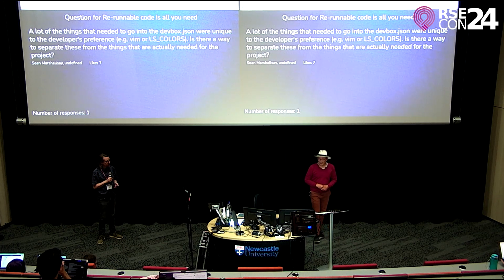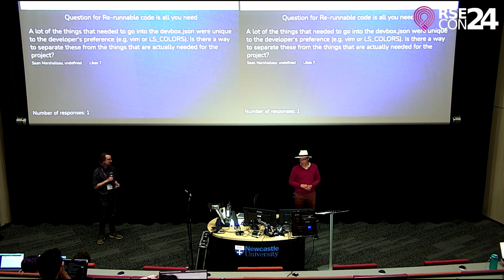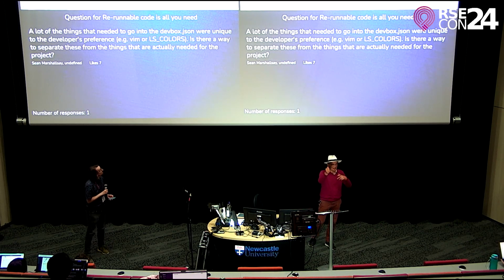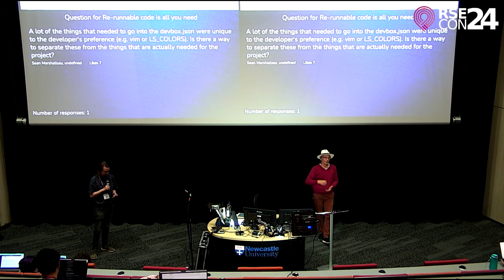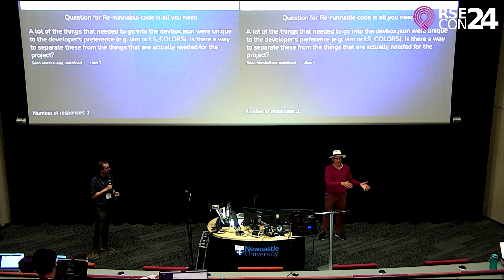And I did not find a way yet to separate these correctly, to have a developer-specific part and a more general part. That's perhaps where you would have to go into flakes from Nix and import things with local preferences, and also solve that problem with shell history, where you want to have a common shell history inside of DevBox and outside.